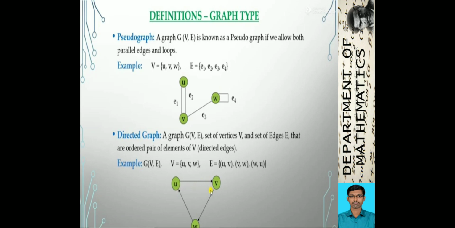Example: suppose we have the vertices U, V, W and edges UV, VW, WV. But here we have the direction. This is called the directed graph.